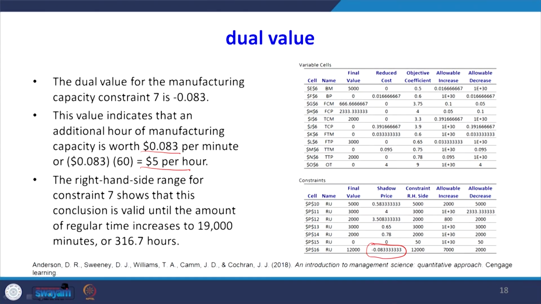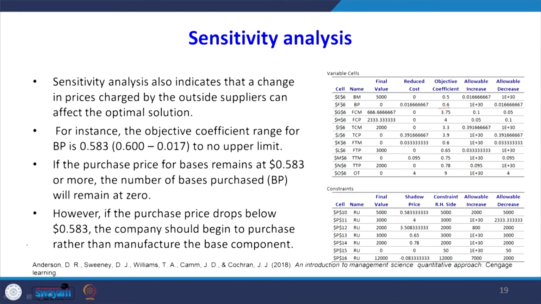The right hand side for the constraint 7 shows that this conclusion is valid until the amount of regular time increases up to 12 plus 7, that is 19,000 minutes, or 316.7 hours.